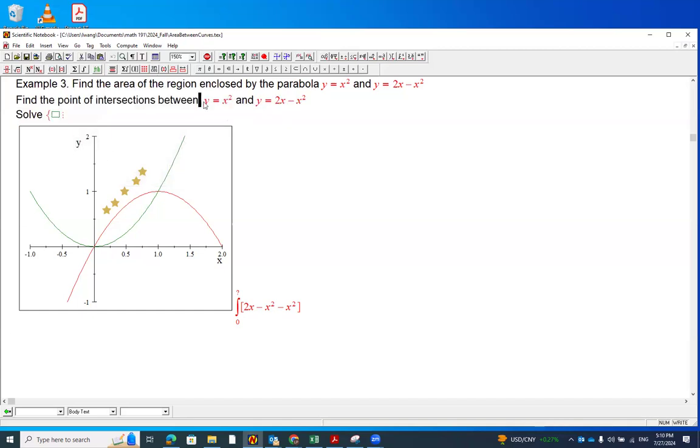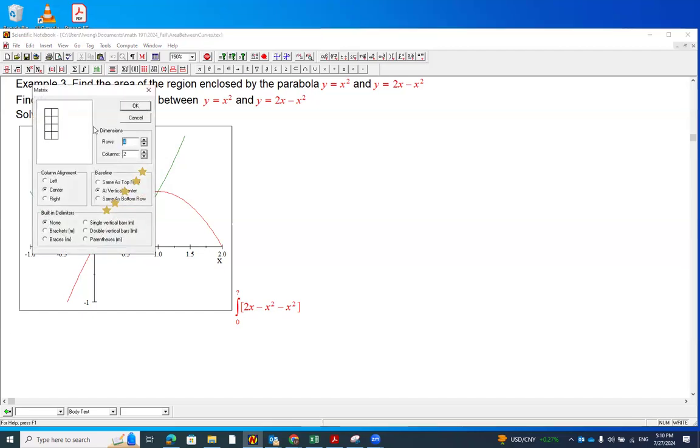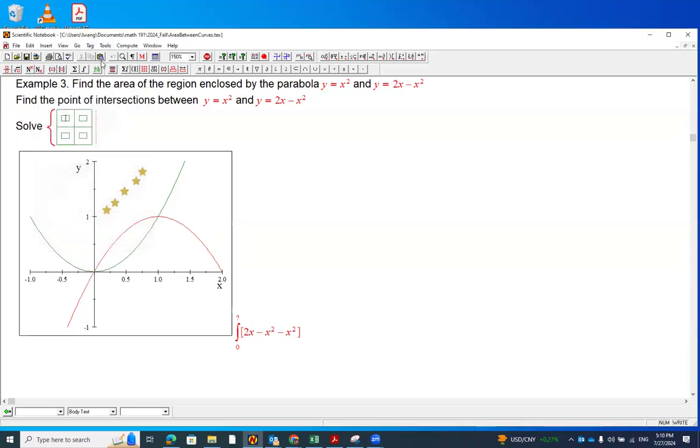One is y equals x squared. I'm going to put it as a system of equations, just like this. The second one, like that, right?